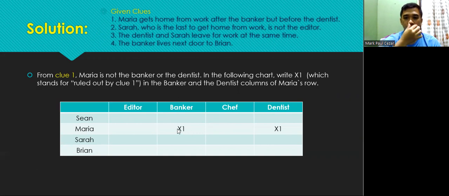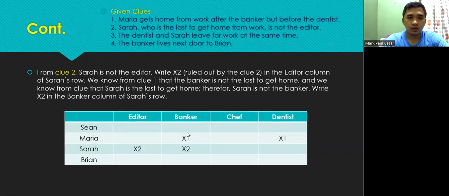We are going to put a mark saying that Maria here is not the banker, because from clue 1, Maria is not the banker or the dentist. For the next clue, from clue 2, Sarah is not the editor. So we will put X2 here in the editor column of Sarah's row.